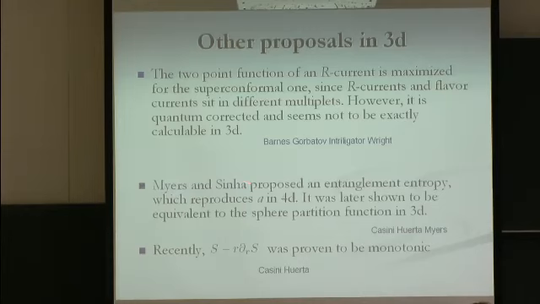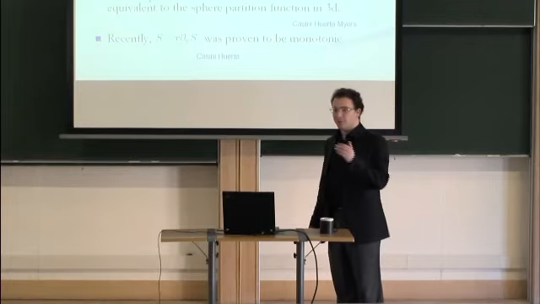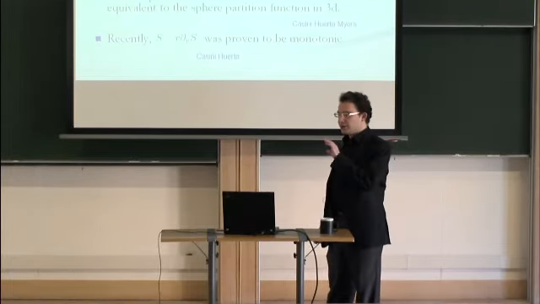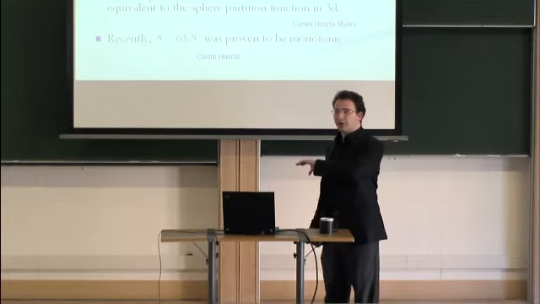these guys, Myers and Sinha, had some holographic evidence at first that this entanglement entropy was monotonic and agreed with A in 4 dimensions and C in 2 dimensions. And then later they argued that it was really equivalent in 3 dimensions to this sphere partition function for conformal field theories. For non-conformal field theories, there's no relation to the partition function on the sphere.